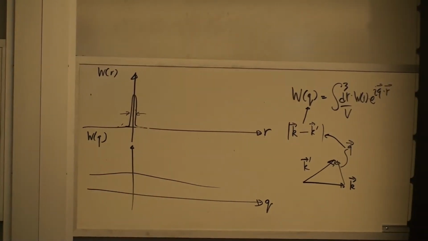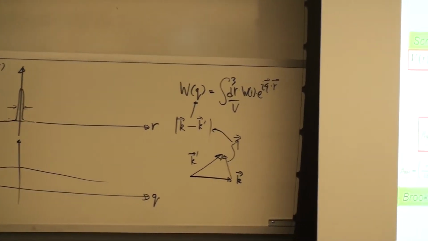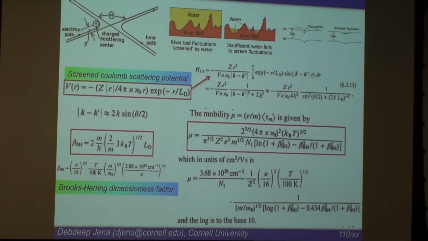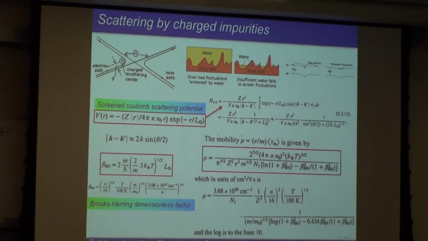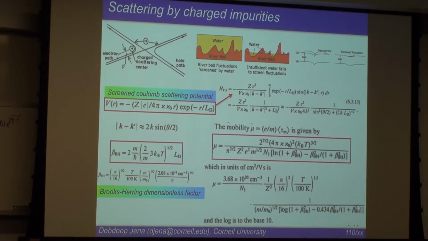Okay, so the next is ionized impurity scattering, and I think the process is now very similar to what we just talked about. You identify your potential again for ionized impurities, and the ionized impurity picture is, let's look at the shallow donor. That's a good example of an ionized impurity.